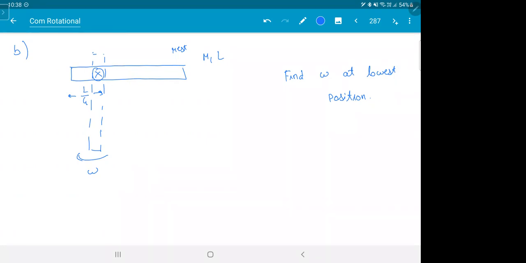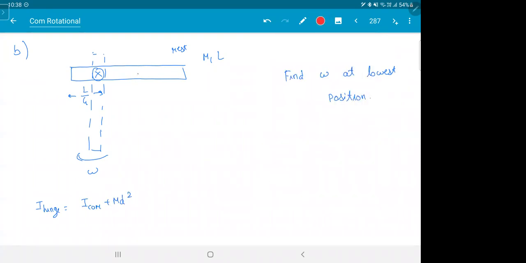Show you. See. First thing, I about the hinge. How much is that? I center of mass plus md square.